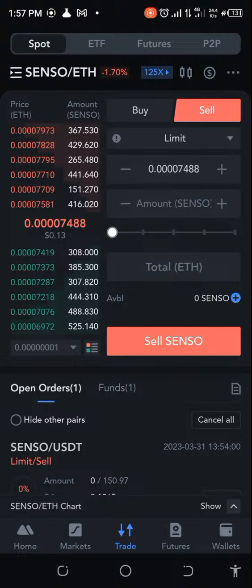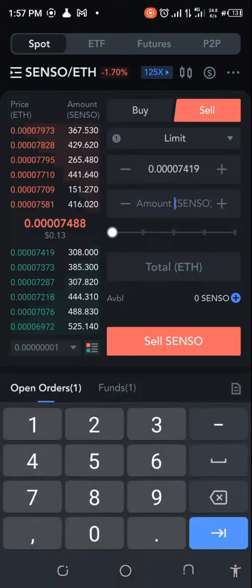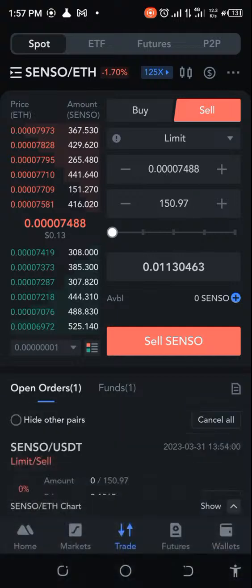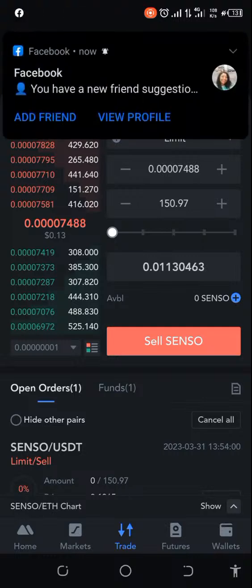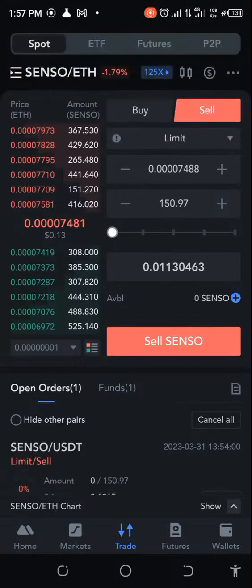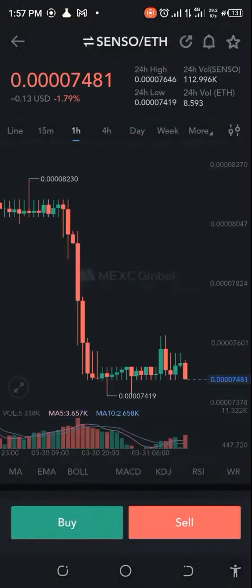So what I have here is if I pick, I'm trying to sell, but if I pick this 7419 and I put 150.97, no, no, no. I don't think I want to do that because if I tapped here, it's going to give me this. But even with that, I can see that it's actually going low. So because of that, I don't think it's a risk I want to take.